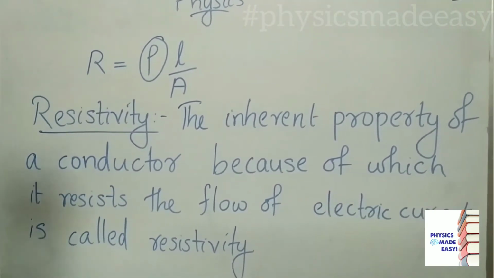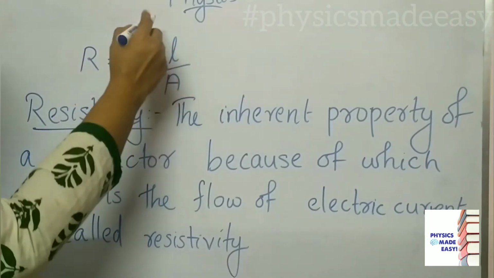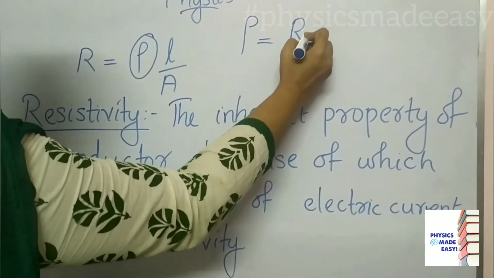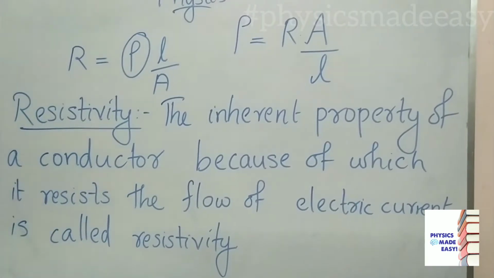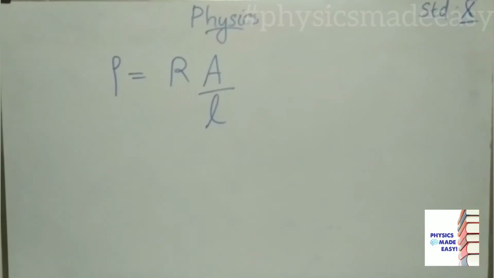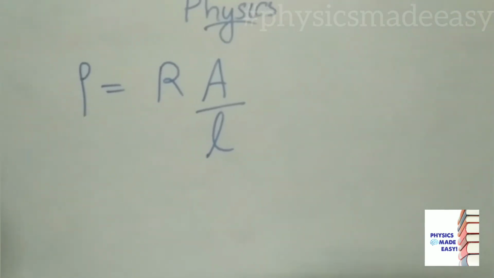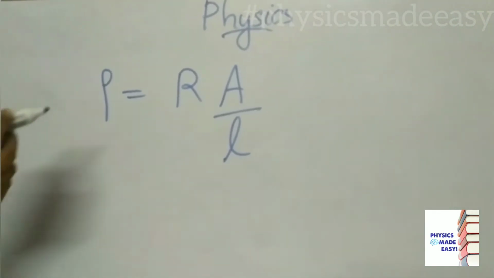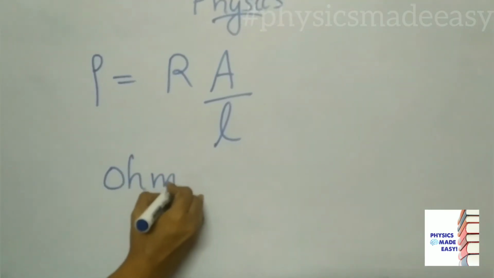Now we can write one equation for this electrical resistivity from this equation. Then you will get rho is equal to R into A divided by L. What is the SI unit of this resistivity? From this equation we can write the unit of resistivity. Here you can see resistance is there. Unit of resistance is ohm.